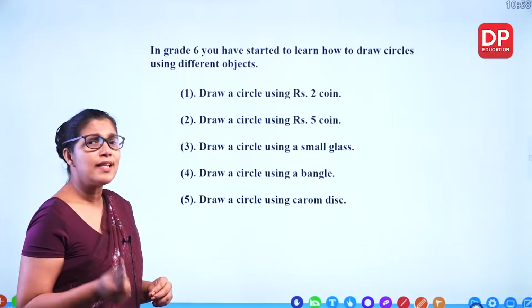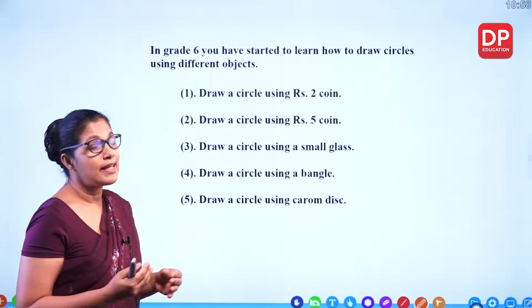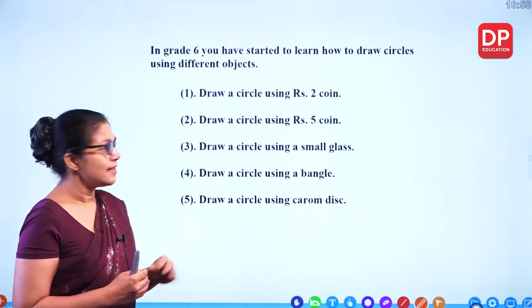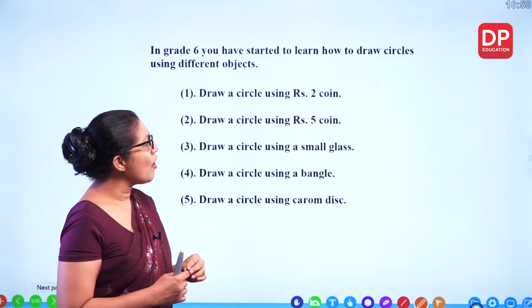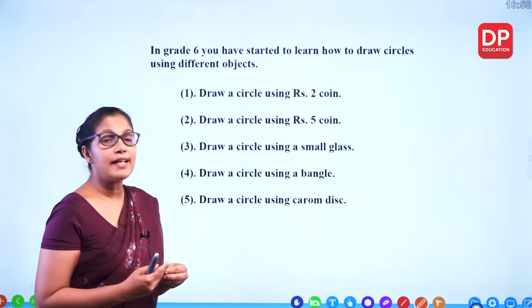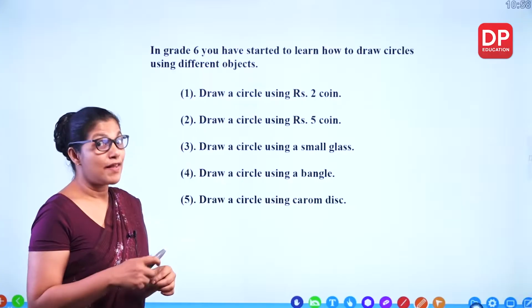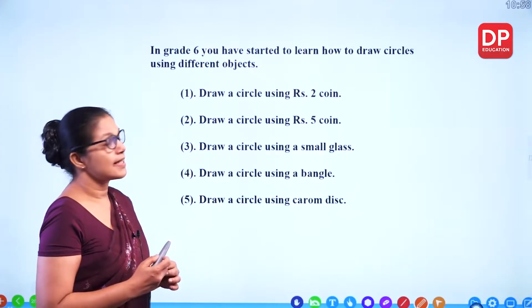If you are still not okay with drawing circles, practice again. Take a 2 rupee coin, 5 rupee coin, a glass, bangle and carom disc and see whether you can draw circles properly.